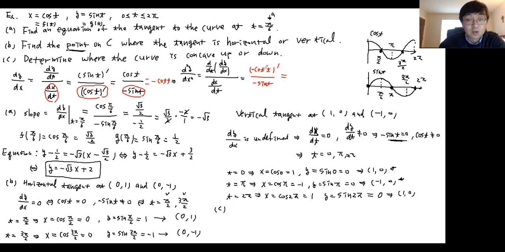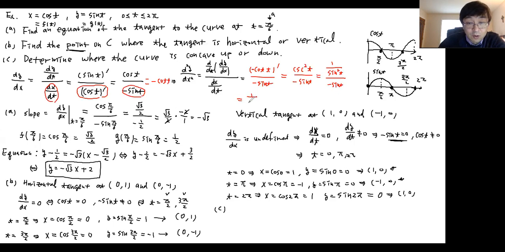And calculate. The derivative of cotangent is negative cosecant squared. The negative times negative cosecant squared is positive cosecant squared of t, over negative sine of t. Cosecant squared is 1 over sine squared.